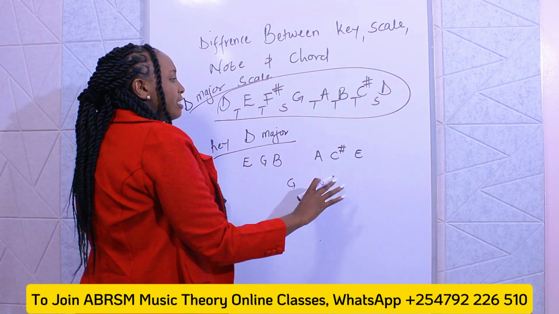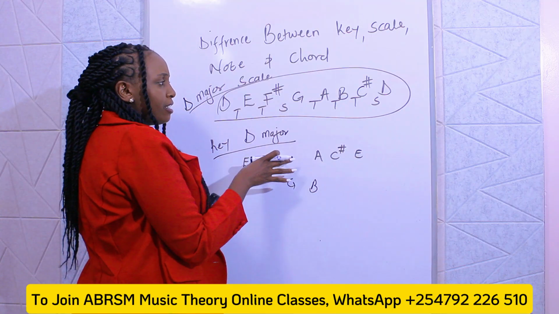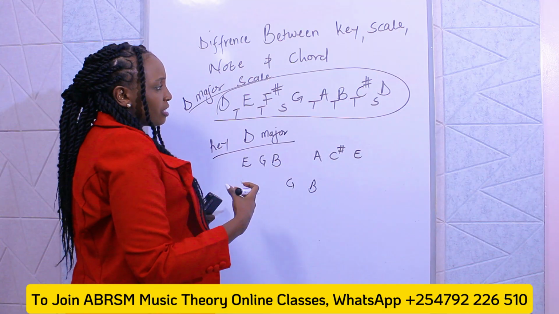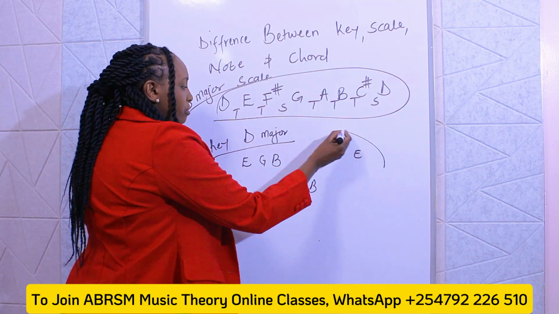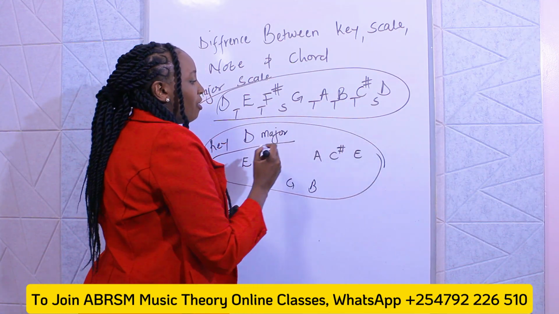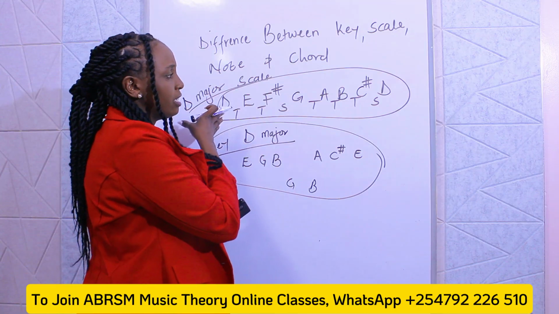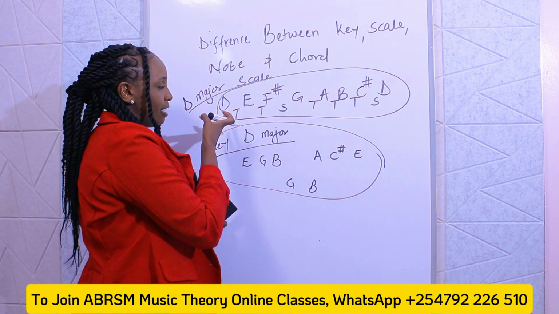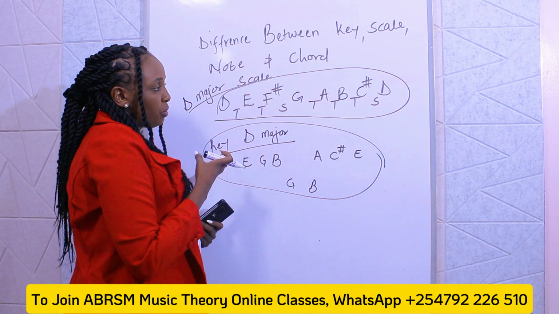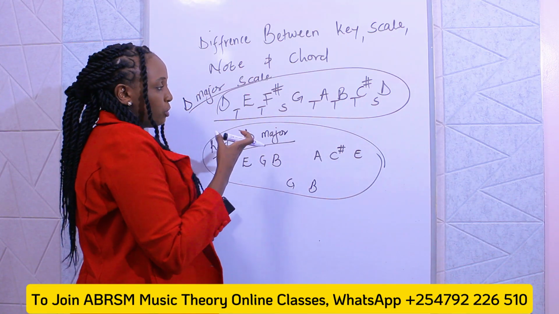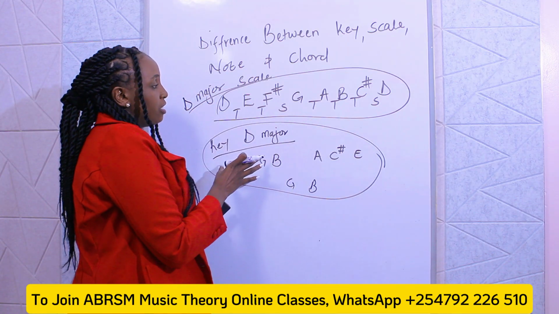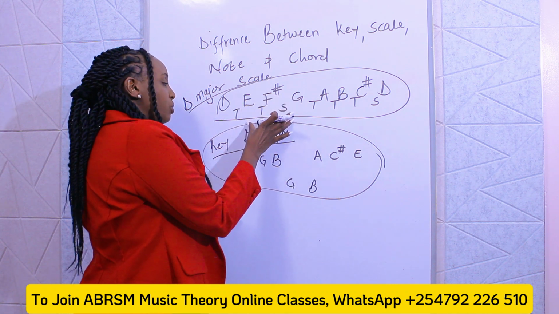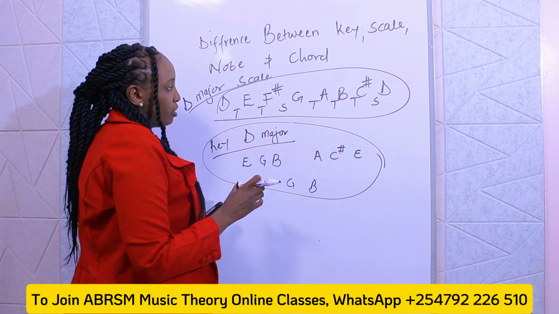I'm playing touching, passing notes, passing chords, passing tones. So I will still be in the key of D. So it doesn't have to be in a sequential manner like in a scale. In a scale, you have to follow notes by intervals. But in key, it means that you're playing with the notes that are in this particular scale.